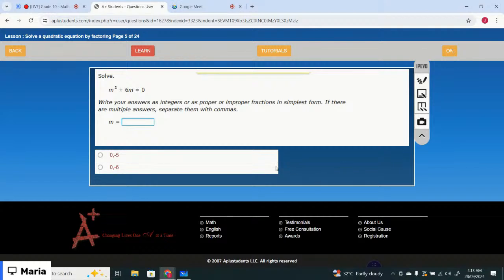So that is 0 and negative 6. Option number 2 is the correct option. Okay, you can complete the lesson by yourself later today. Let me just move on to the next lesson.